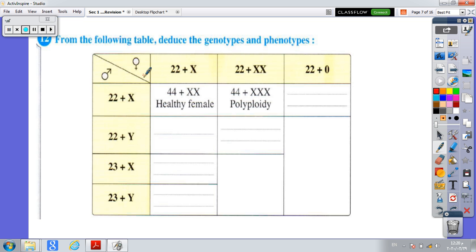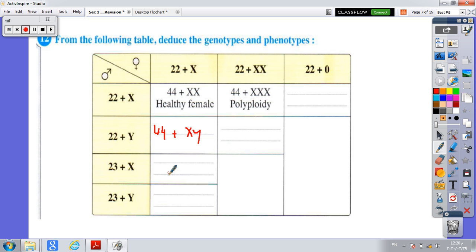From the following table, deduce the genotypes and phenotypes. 22 plus X with 22 plus Y, so the total will be 44 plus XY, which is a normal, healthy male.